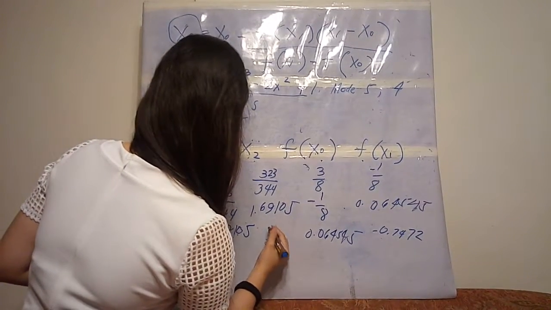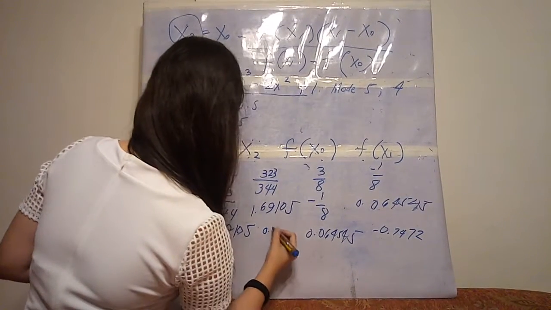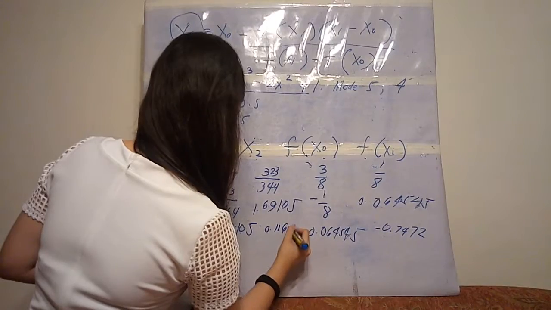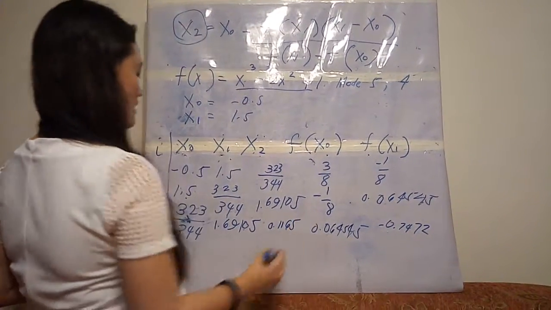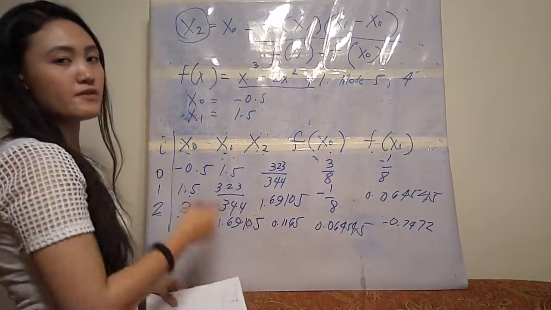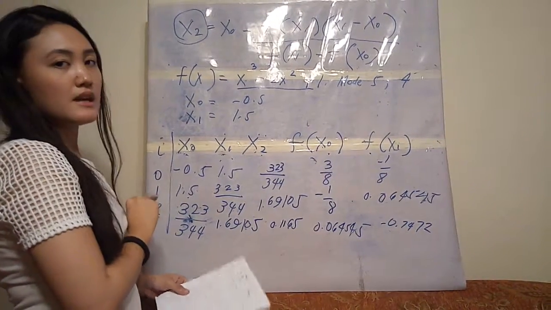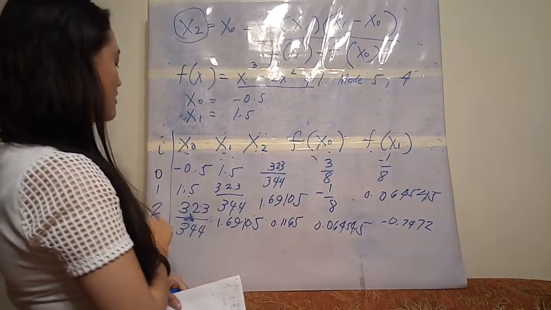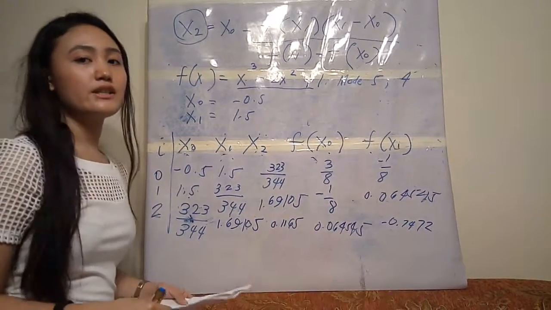And lastly, we'll have 0.1165. If you want to get the third iteration, just repeat the procedures from iterations 1 and 2, and you'll get iteration 3.